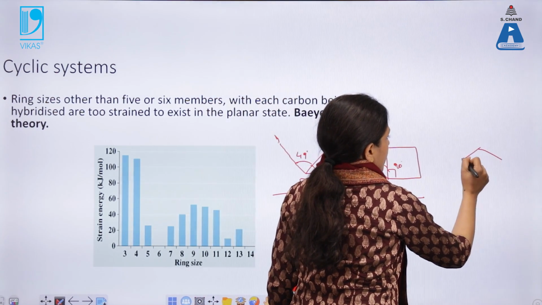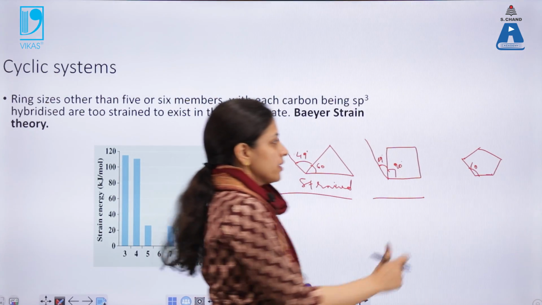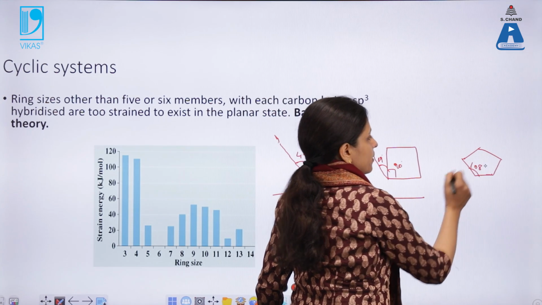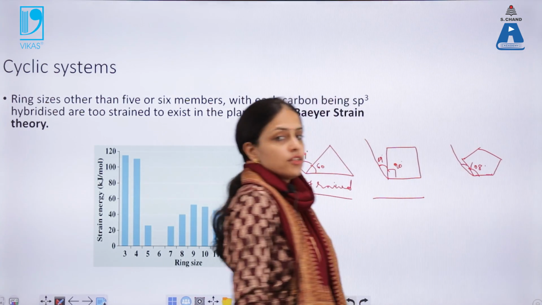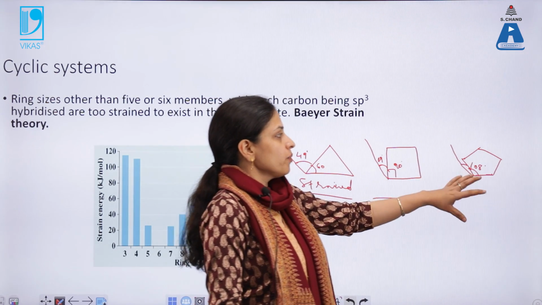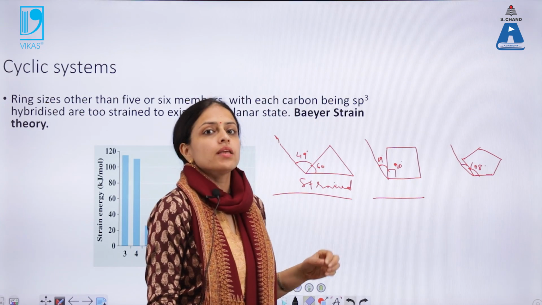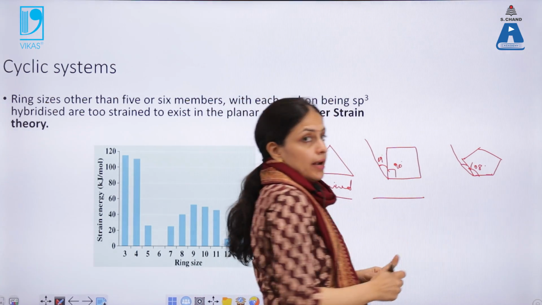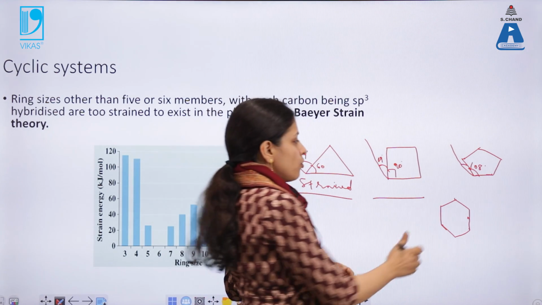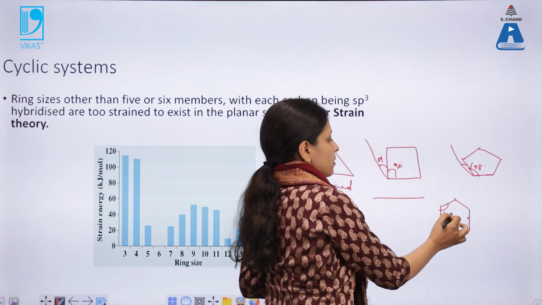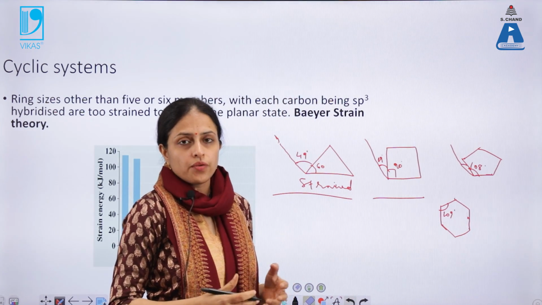When we look at the molecule of cyclopentane, it has an internal angle of 108 degrees. This is close to the tetrahedral angle and obviously the angle strain reduces. And when we finally look at the molecule of cyclohexane, the internal bond angle is 109 degrees, which is close to the tetrahedral.